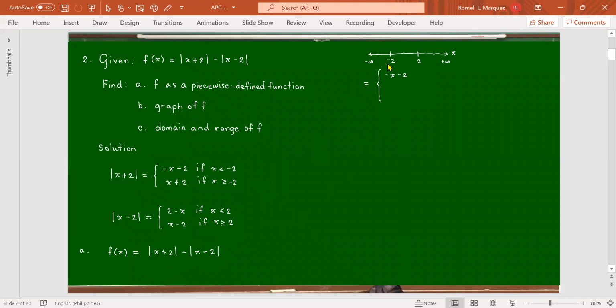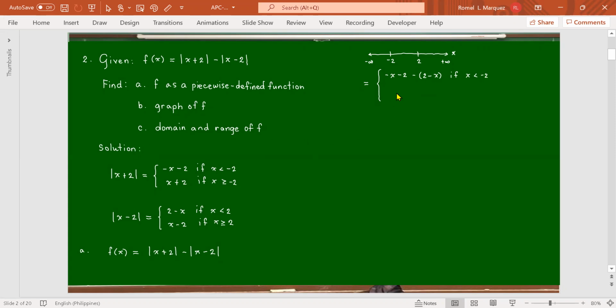If I am considering numbers to the left of negative 2, I'm going to use 2 minus x as a replacement for absolute value of x minus 2. Am I right, guys? Because if x is to the left of negative 2, it is covered here, no? Less than 2. So then minus 2 minus x, okay? So this is the first expression defining our f in a piecewise defined function, no? So that is if x is less than negative 2, okay?